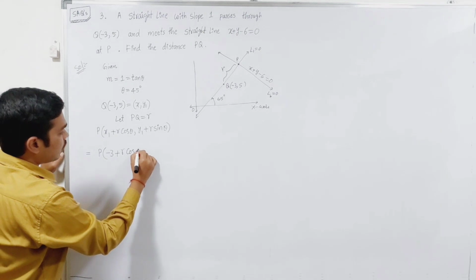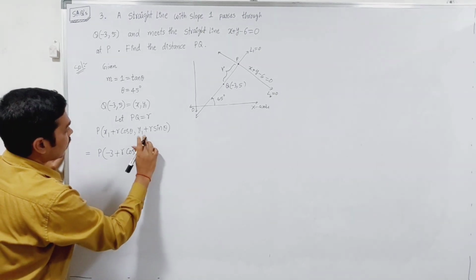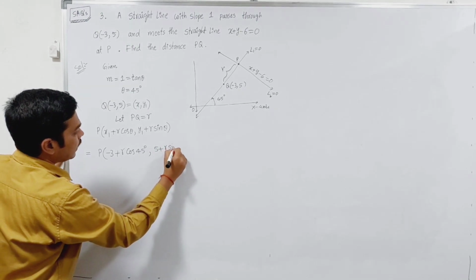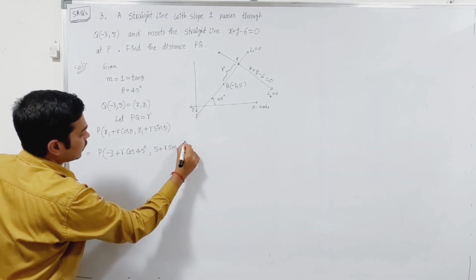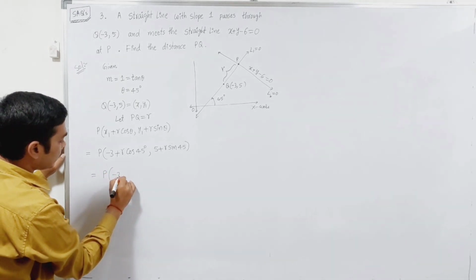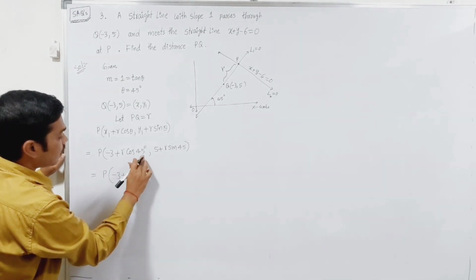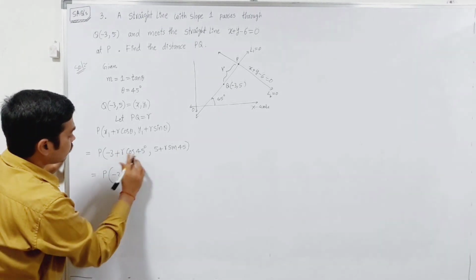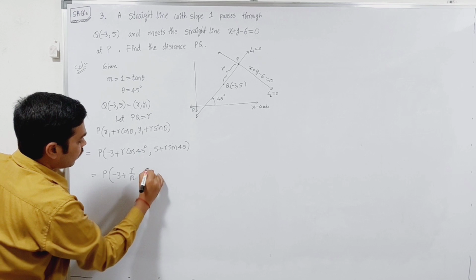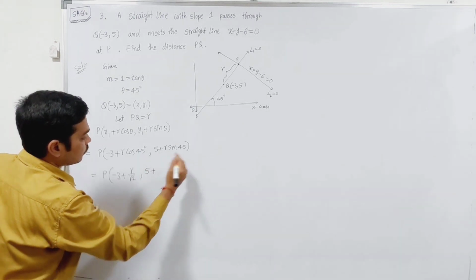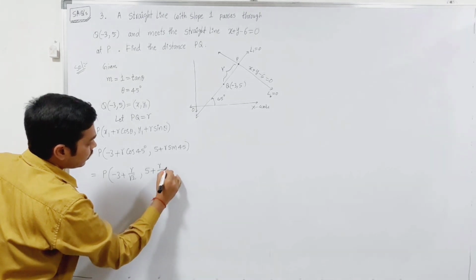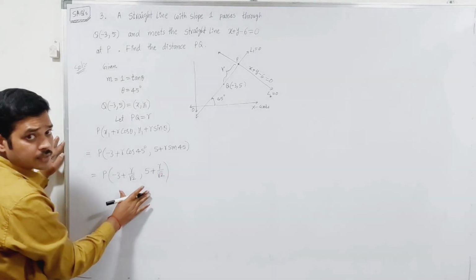So cos 45 degrees, comma, y is 5 plus r sin 45 degrees. Now simplify this: P is (-3 + r times 1 by root 2, 5 + r times 1 by root 2), that is (-3 + r/root 2, 5 + r/root 2). These are the coordinates of P.